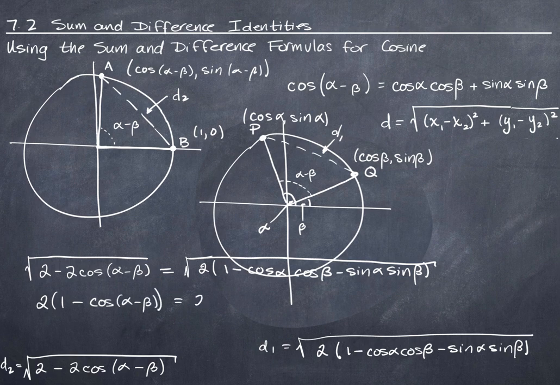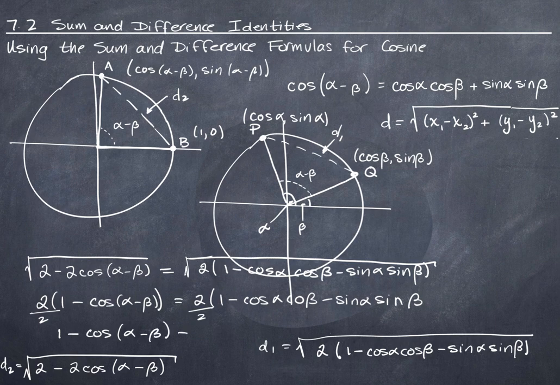And here I have 2 times (1 minus the cosine of alpha cosine beta minus sine alpha sine beta). And I can divide both sides by 2, which gives me, I'm just going to make a note of it here. That gives me 1 minus the cosine of alpha minus beta equals 1 minus the cosine of alpha times the cosine of beta, minus the sine of alpha times the sine of beta.